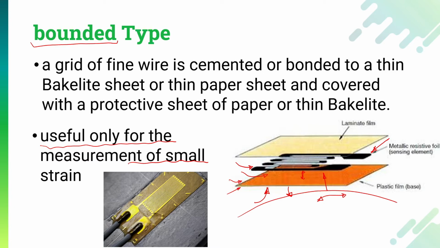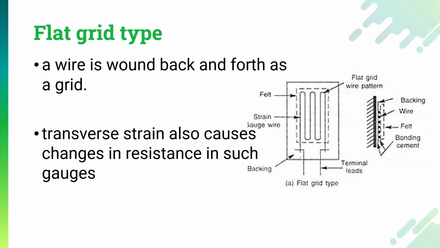The very first one is the flat grid type. In flat grid type strain gauges, the wire is wound back and forth as a grid. That means if this is a backing material, the wire will go up and down, that means forth, back, forth, back.